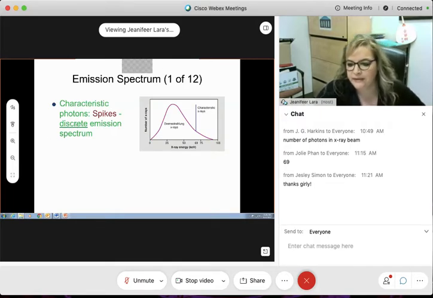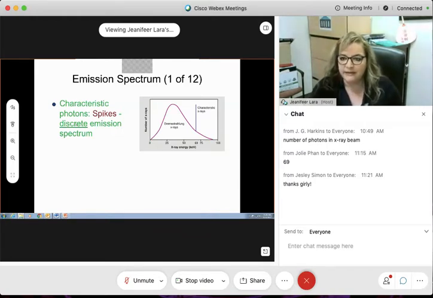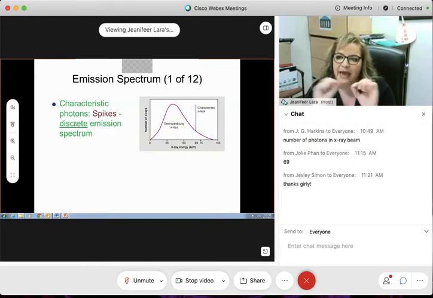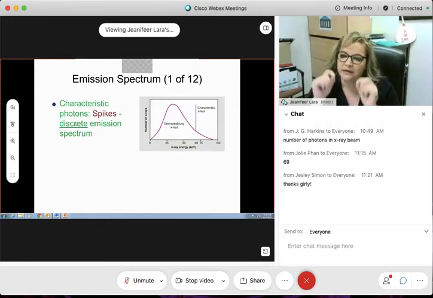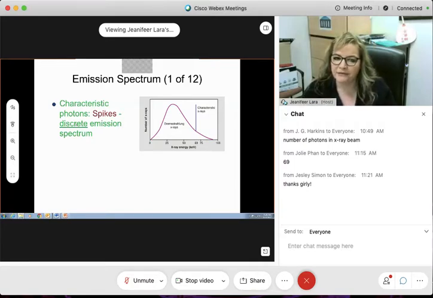Now, the word discrete is used. Discrete, by definition, write this down, means accurate, exact. A discrete emission spectrum is basically saying accurate or exact values.